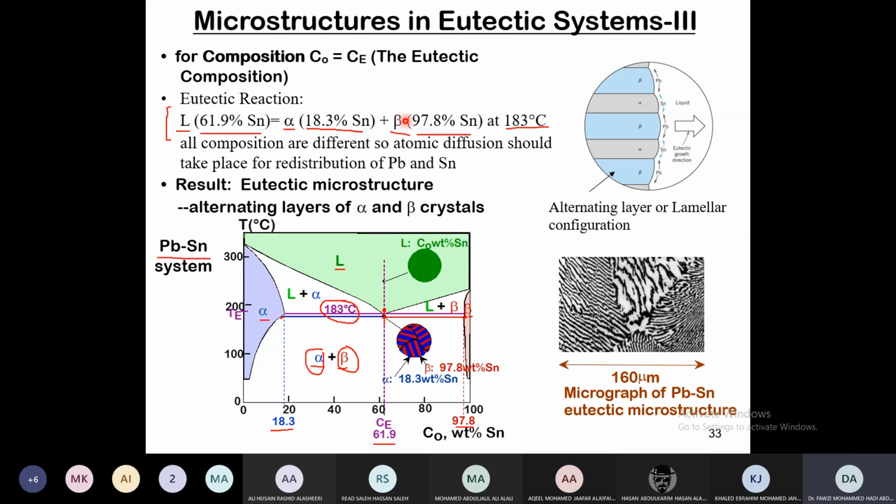One is at 97.8 and one is at 18.3. So this means the material has to react very fast in order to do that. And the material, as you know, in terms of a solid, does not have that much ability to do the transformation fast because of the diffusion process.